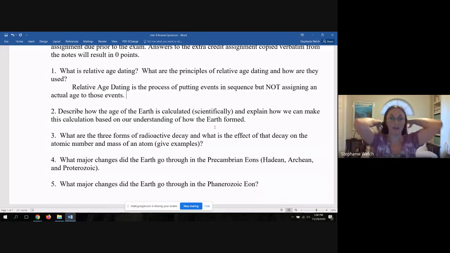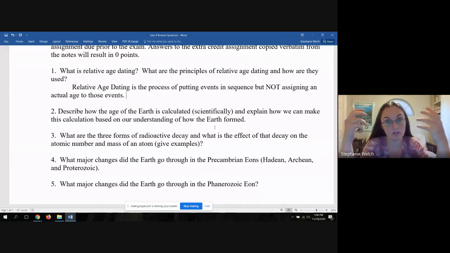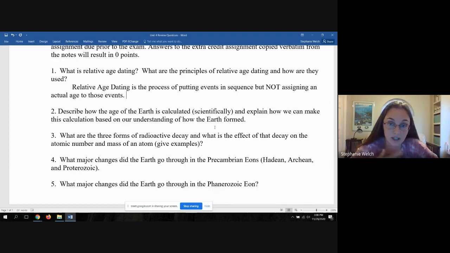Relative age dating is a little bit different, but the origins of how we understand geology are in relative age dating, and it's incredibly important to be able to put these events in sequence to tell that story, because it's really difficult to come up with radiometric age dates, especially for events where you don't actually have the material left behind, like the formation of a canyon, or even in some cases, the formation of mountains. You can't exactly radiometrically date some of those events.